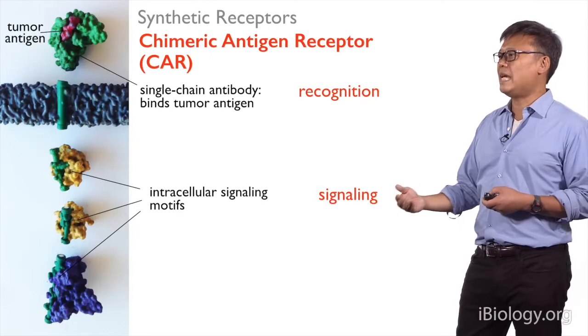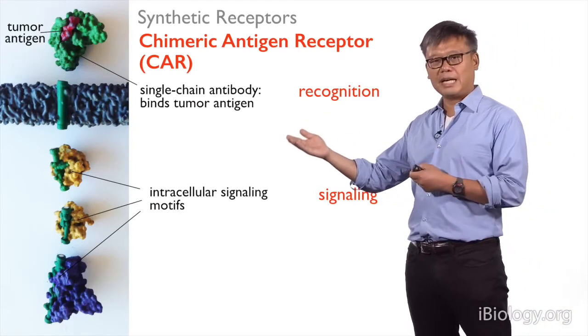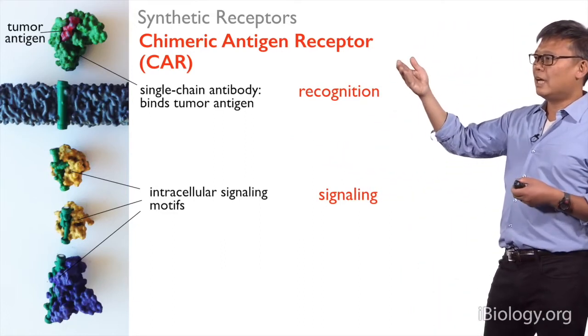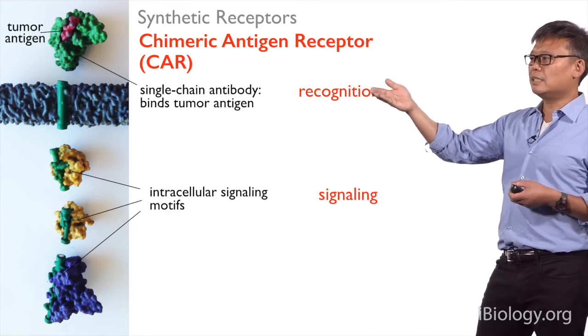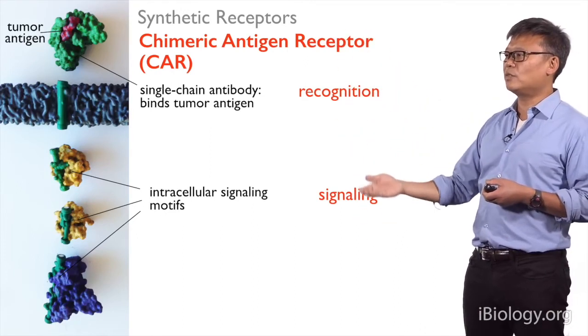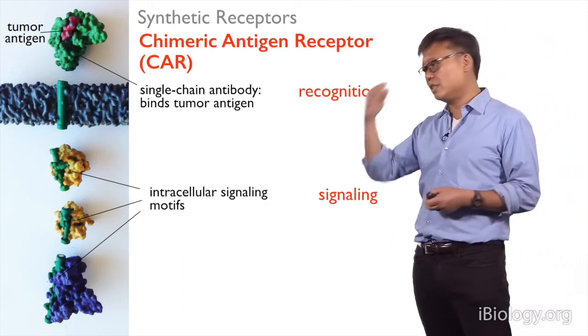So you could actually make these kinds of synthetic receptors, in this case known as chimeric antigen receptors or CARs, that are built of different extracellular recognition domains, things that recognize tumor antigens, but then link together different sorts of intracellular signaling domains that control the activation of the T cell.